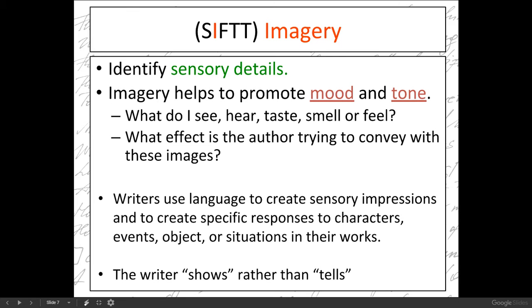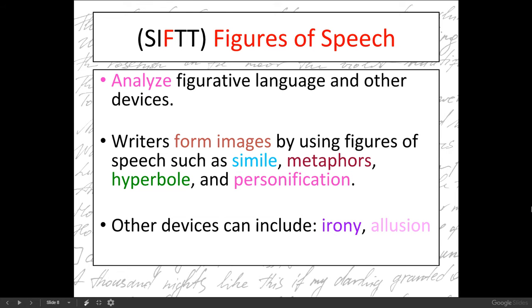Writers use language to create sensory impressions and to create specific responses to characters, events, objects, or situations in the work. So the writer is trying to show, to paint a vivid picture rather than just tell us, using these sensory details within his or her writing.